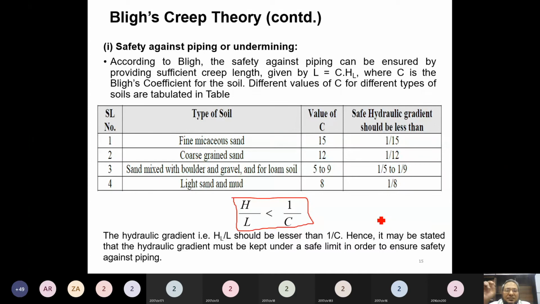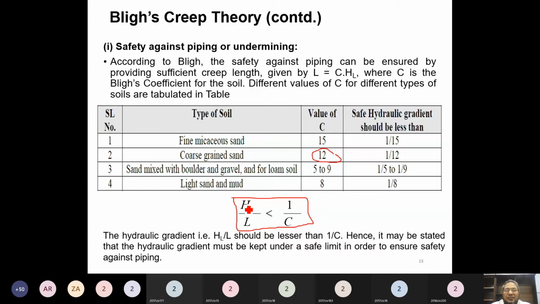Now I have one question. Suppose 1 over C value is 12, because this was coarse grained sand. We computed 1/C, and we also computed capital H/L. What is capital H? The head available. And L is the creep length, and this is the hydraulic gradient.